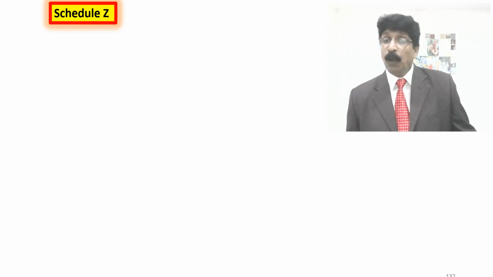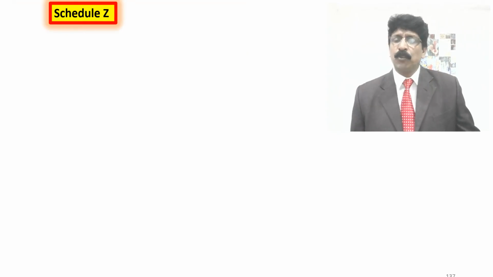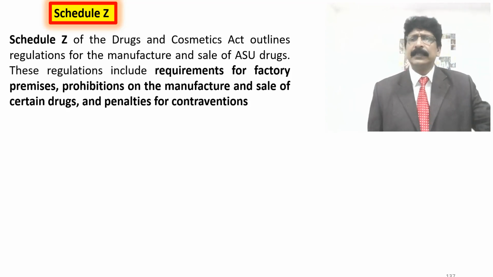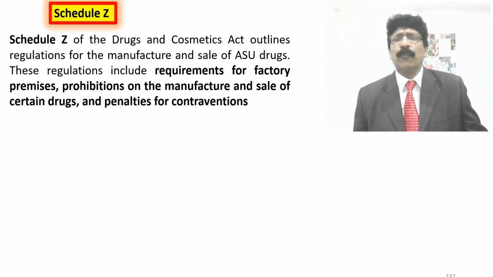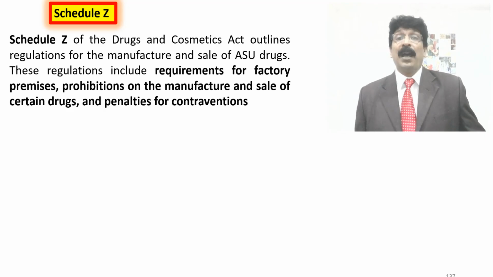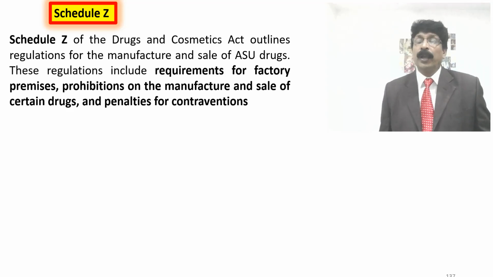Now Schedule Z, a short question they are asking. Schedule Z is the part of the Act which we have discussed, the sections which we have seen. Schedule Z of the Drug and Cosmetic Act outlines the regulation for the manufacture and sale of Ayurveda, Siddha, Unani drugs.